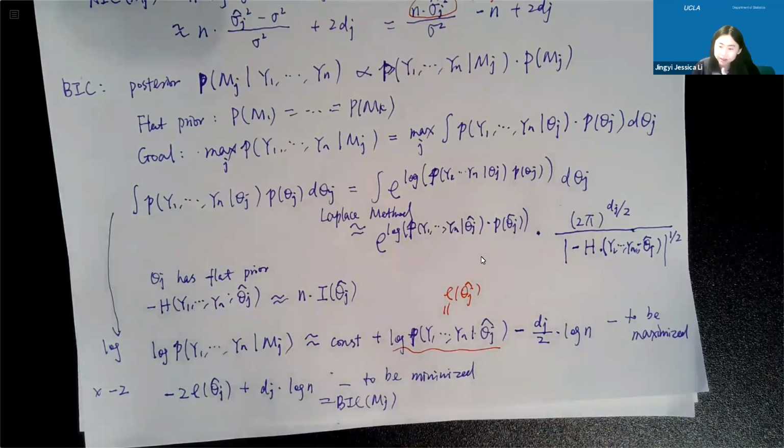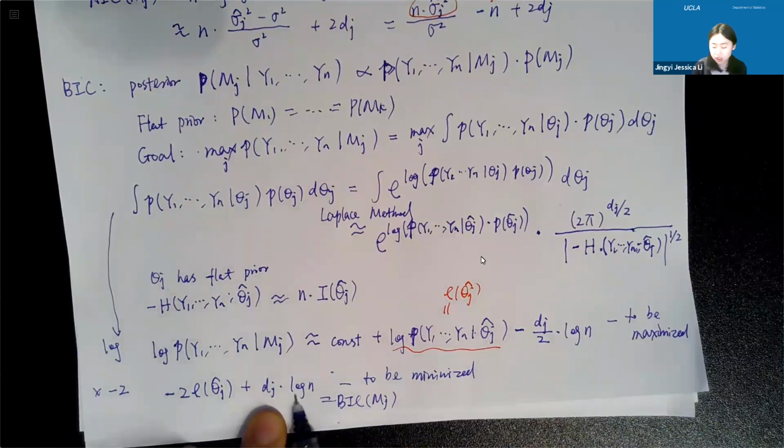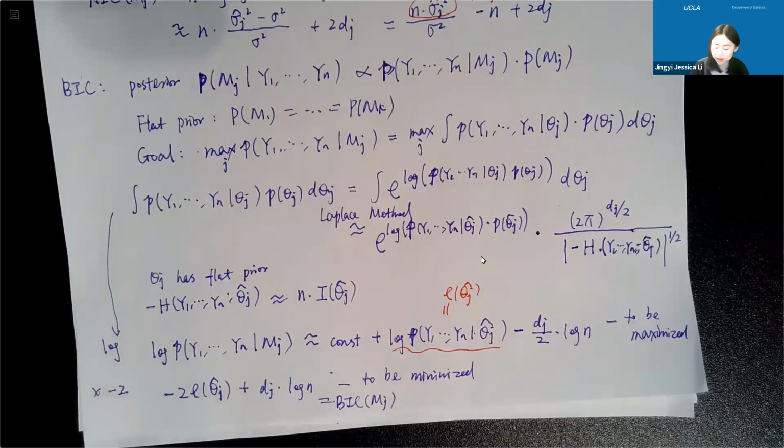Ultimately, by ignoring many constants, we come to this part where the dimension dj is multiplied by log n instead of by 2 as in AIC. That's why in many introductory treatments, people emphasize the difference between AIC and BIC by this constant, 2 versus log n. We know log n is usually, unless your n is super small, larger than 2. Therefore, we have a stronger penalty on the dimension in BIC than in AIC.